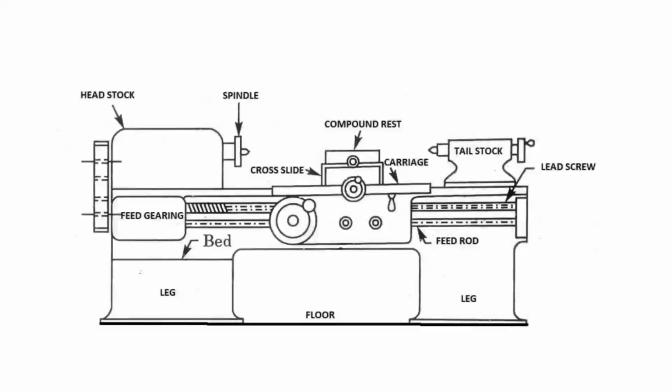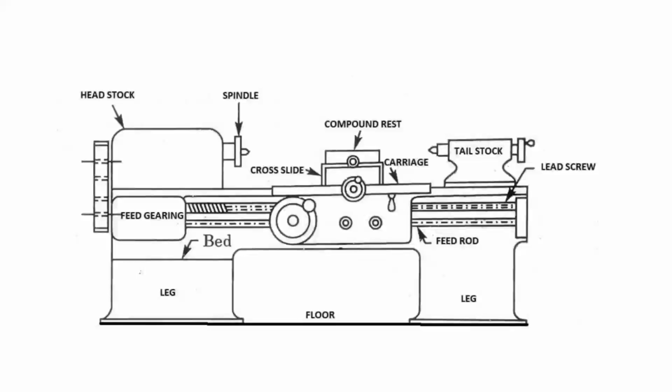Now the third condition is to resist the twisting stress set up due to the resultant of two forces, the downward cutting force and the force tending to move the tool away from the workpiece. Bed castings are made to have a box section incorporating cross ribs.